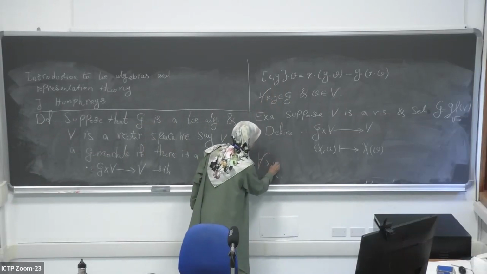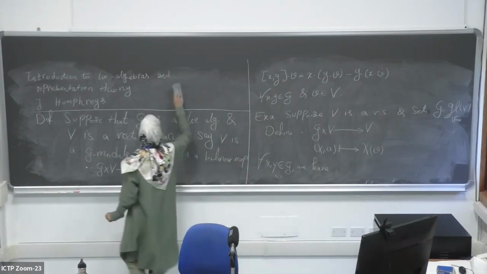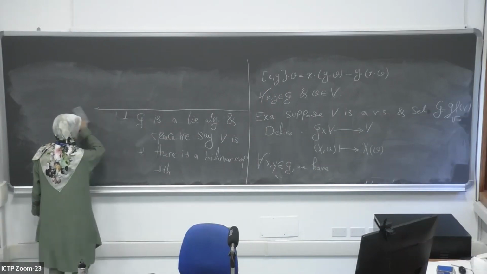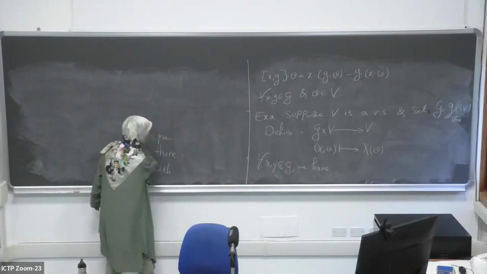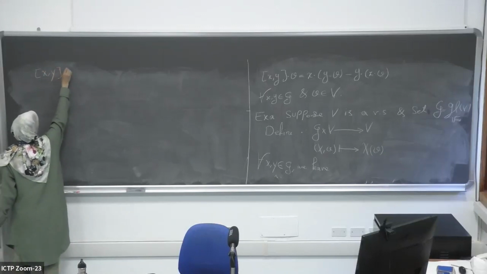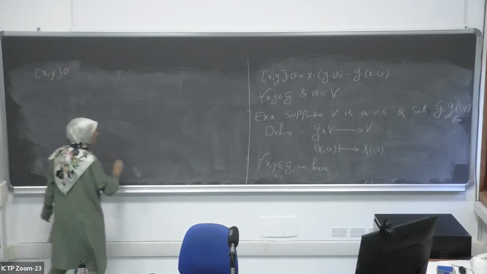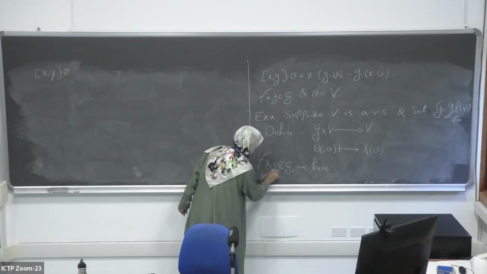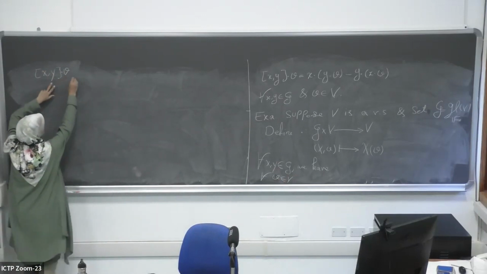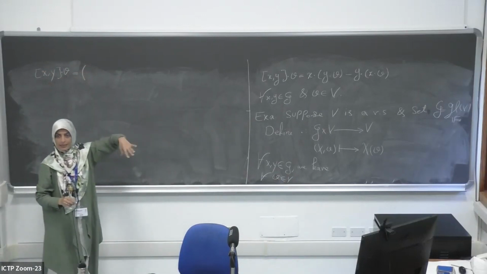For all x and y belonging to G, we have the bracket of x, y acting on v, for all x, y belonging to G and v belonging to V. We have bracket of x, y times v equals, I remember, my G is gl(V) and I know the bracket in gl(V).